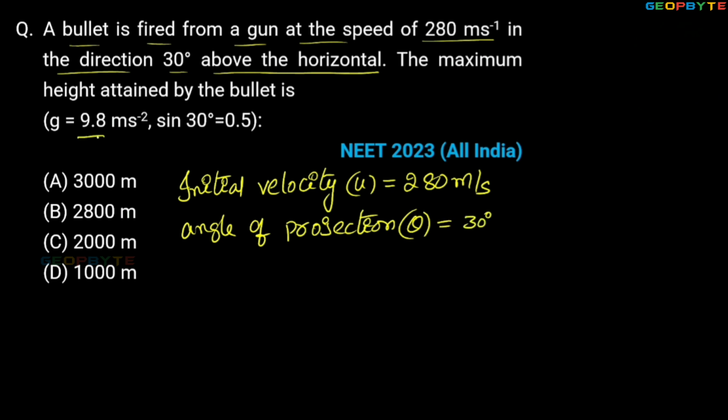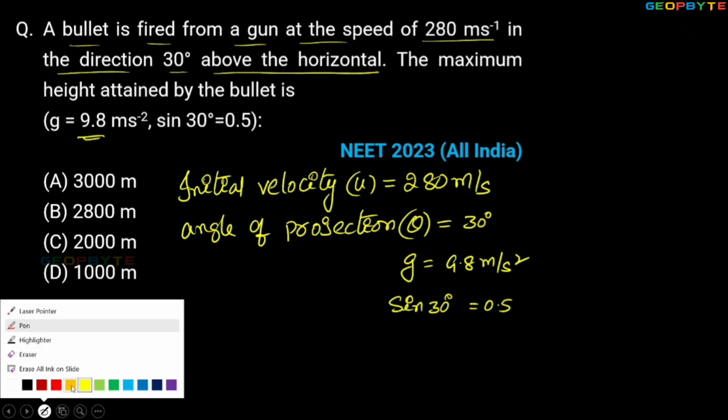Here g value is given, acceleration due to gravity g equal to 9.8 meter per second square, and sin 30 degrees equal to 0.5, that is 1 by 2, that we know.